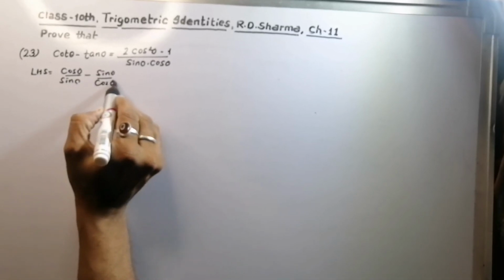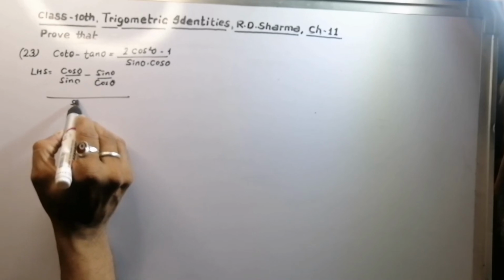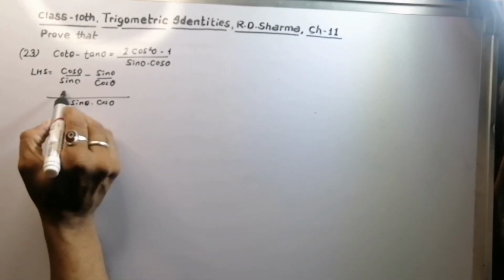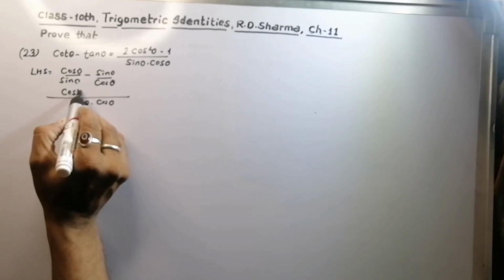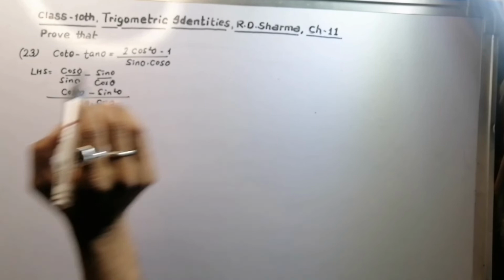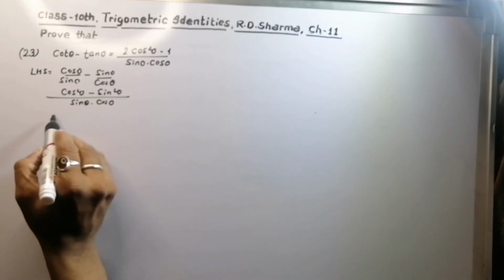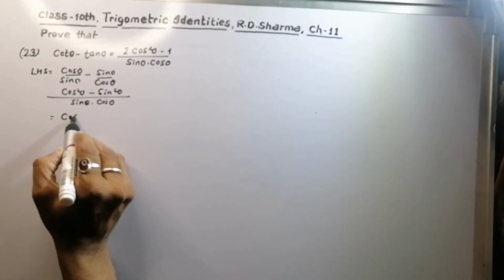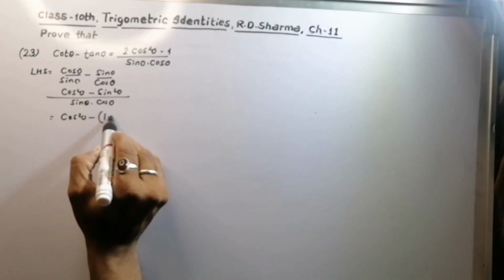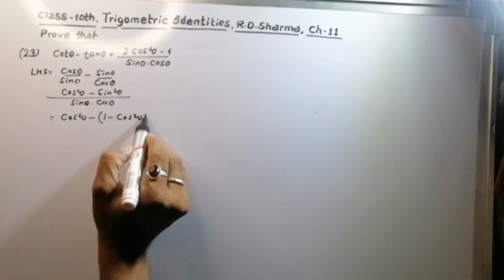Now we can write (sec a minus sin a upon cos a)(sec a plus tan a). In place of sin a upon cos a we can write tan a. Now it becomes the form of (a plus b)(a minus b), a square minus b square.